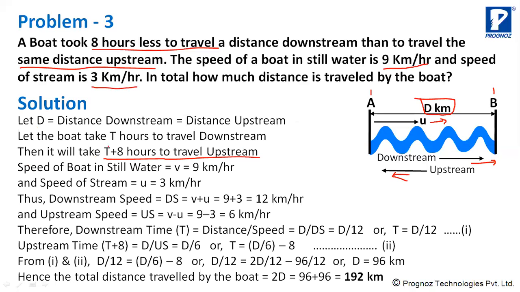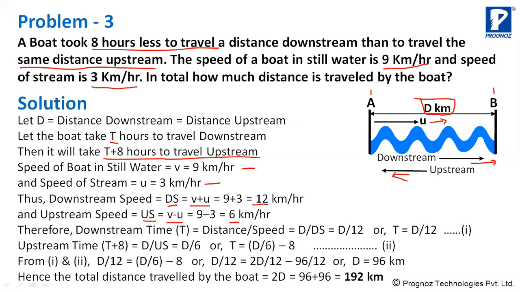The speed of boat in still water is given as 9 kilometers per hour, and the speed of stream is u equal to 3 kilometers per hour. So downstream speed, which we denote as DS, is equal to v plus u, which is 12 kilometers per hour. Similarly, upstream speed can be designated as US. It is v minus u, which comes to 6 kilometers per hour.